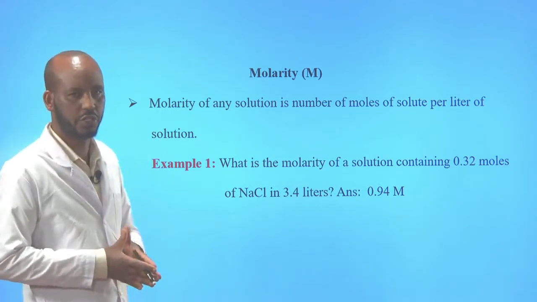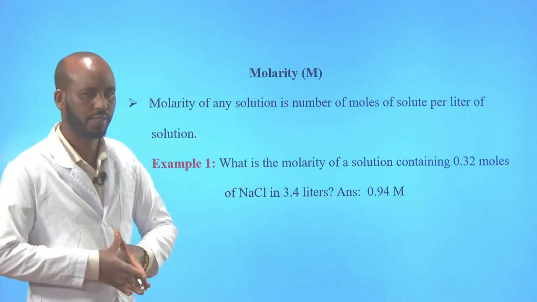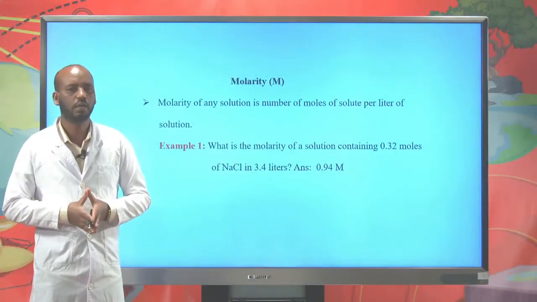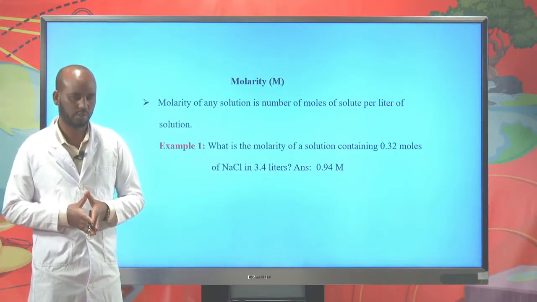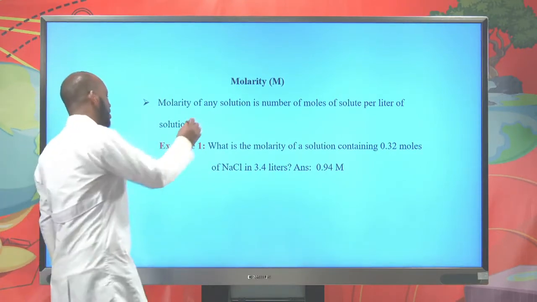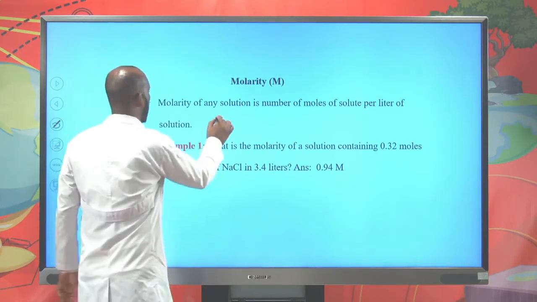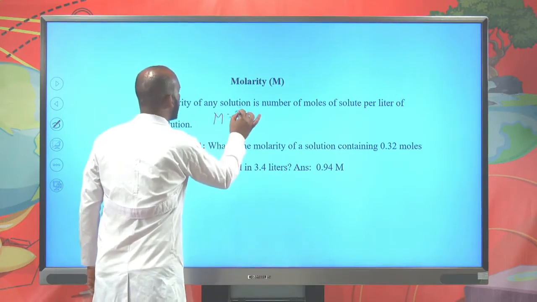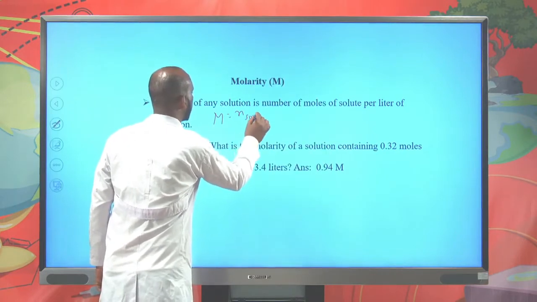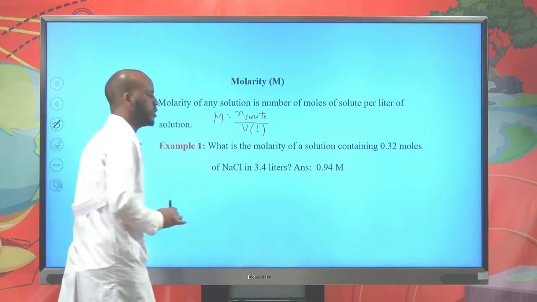Molarity, denoted by capital M. Molarity of a solution is the number of moles of solute in a given volume of solution. Therefore, molarity equals number of moles of solute divided by volume of the solution in liters.